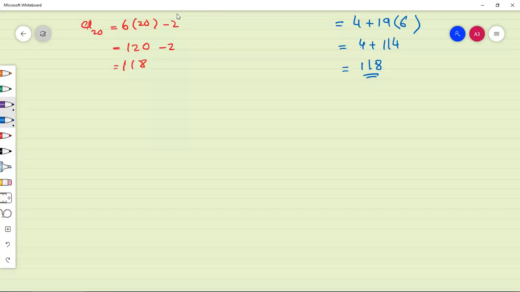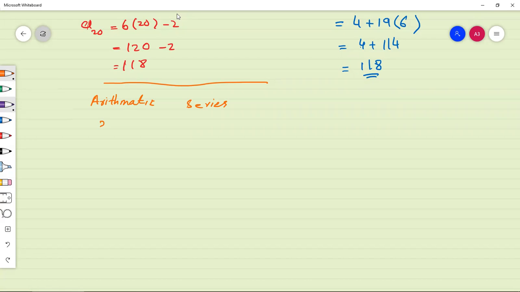The next one is arithmetic series. This is a new thing for you. For example, I write a sequence 2, 5, 8, 11, and so on.